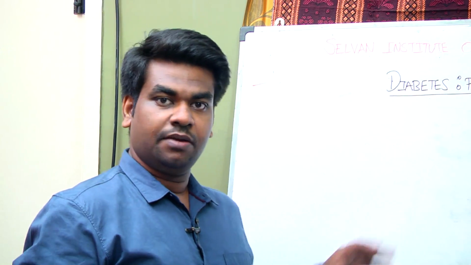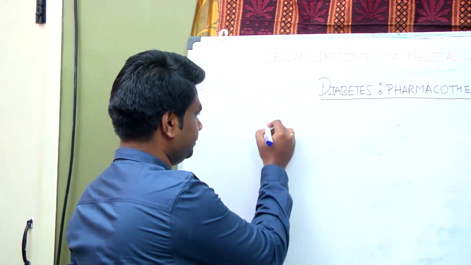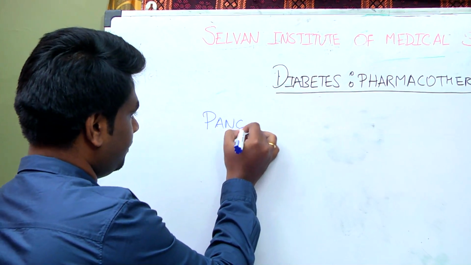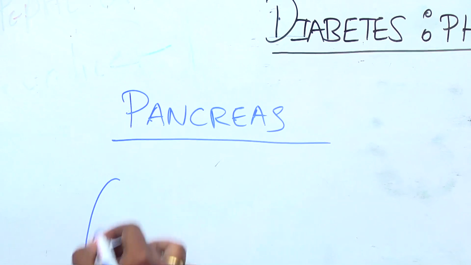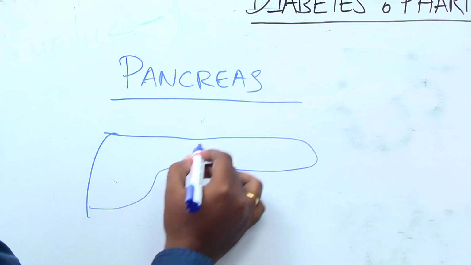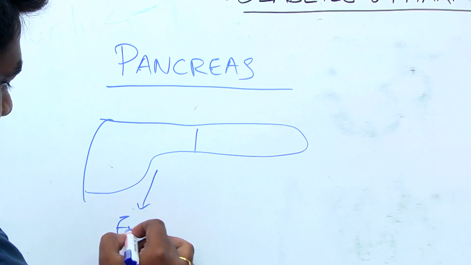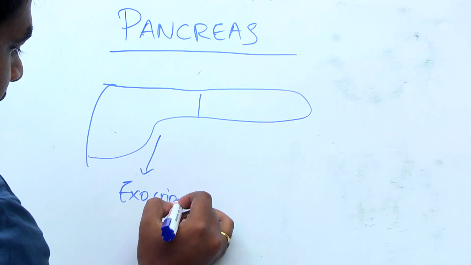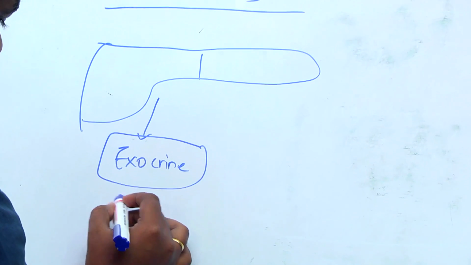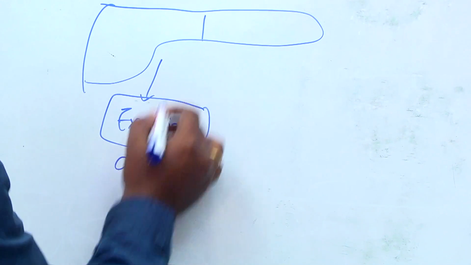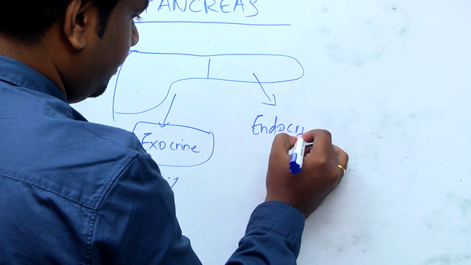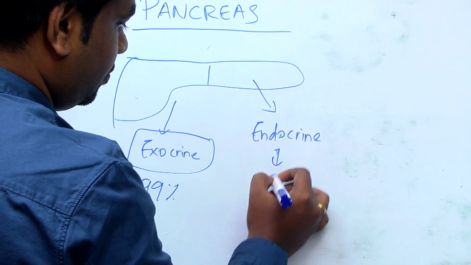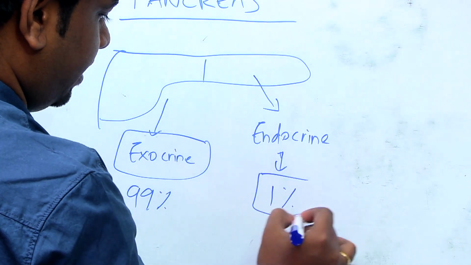So first we'll be seeing about the pancreas. Okay, so the pancreas has two functions. One is the exocrine function, which constitutes almost 99% of the function of pancreas, and next is the endocrine portion, which constitutes 1% of the function of pancreas.